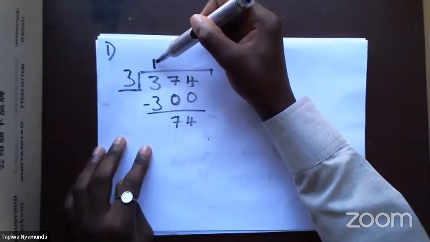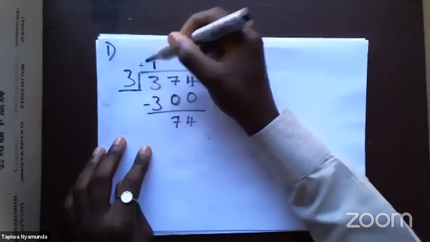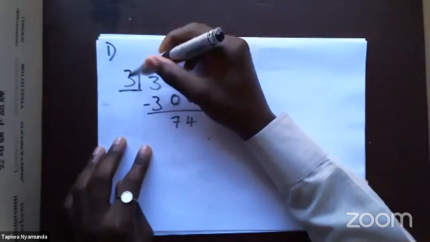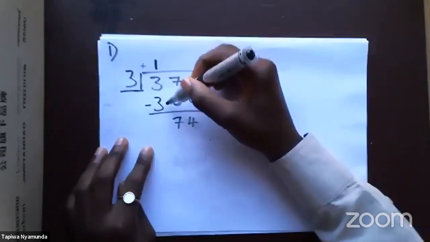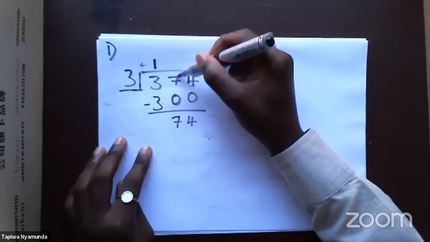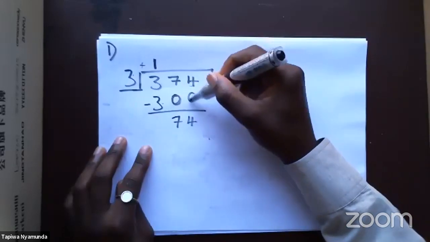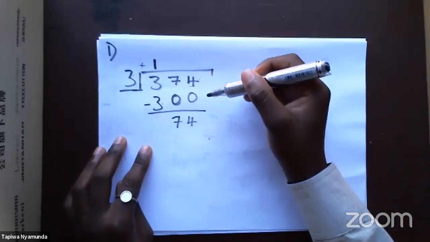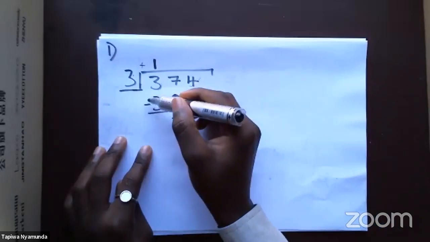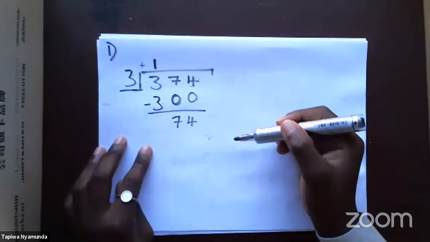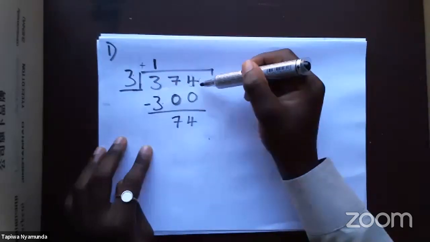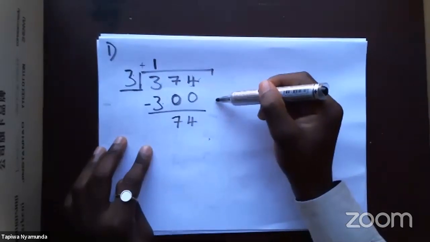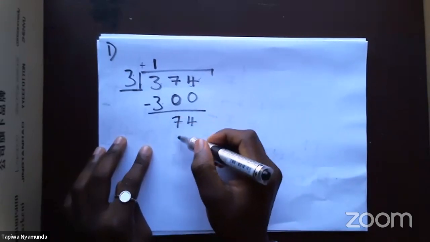Then we multiply 1 by 3, I get a 3. Then these I will replace with zeros. Then I will subtract after that process: 374 minus 300, I'll get 74.